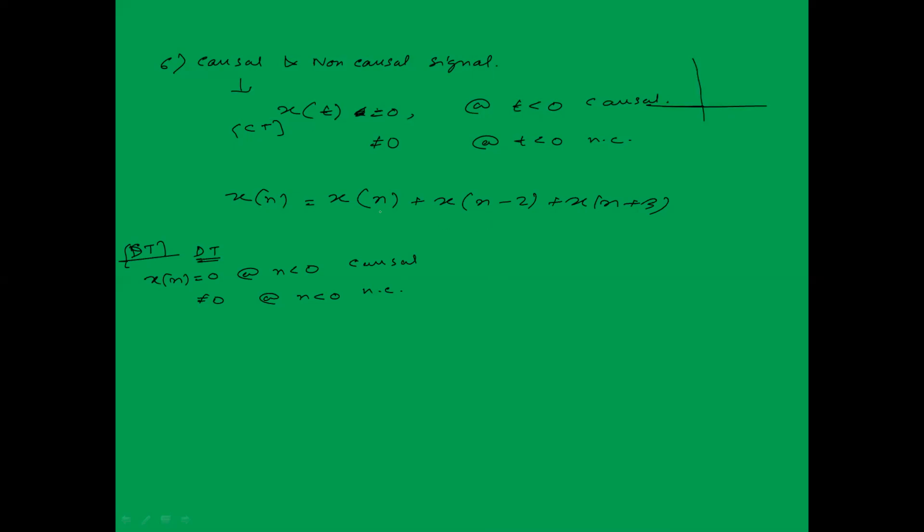Now see, at n equal to 0 it has some value, but this is n minus 2, so it has previous values. So this signal is known as a non-causal signal. That means if the signal depends on the past value, then it is known as non-causal. If the signal depends on the future or present value, then it is known as a causal signal.